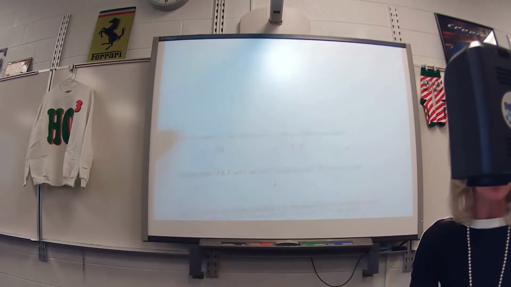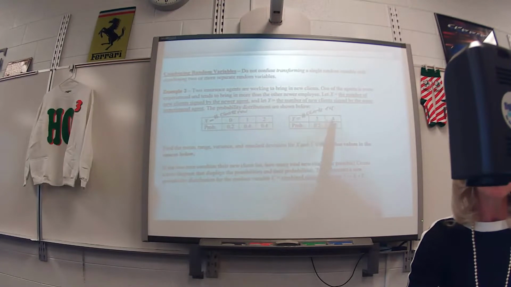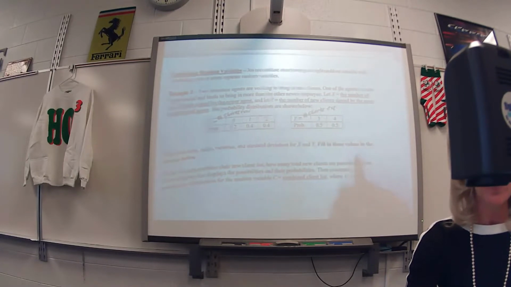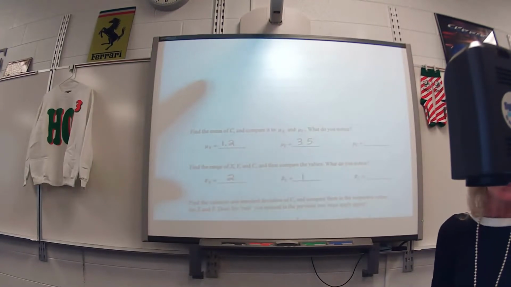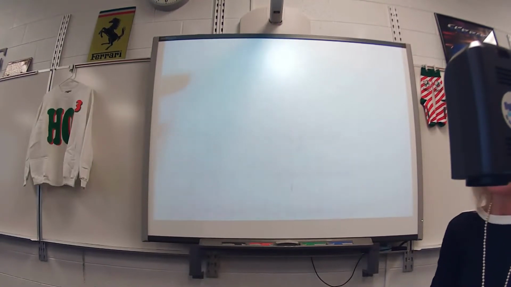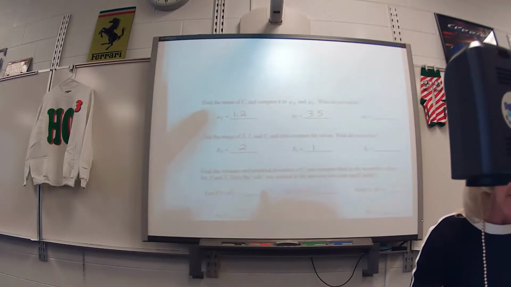The range for X and Y. Well, this guy brings in anywhere from 0 to 2, so his range is 2. This guy brings in anywhere from 3 to 4, so his range is 1. Don't even need a calculator for that. Now the variance, if you did put all this in your calculator, the variance for X comes out to be 0.56.